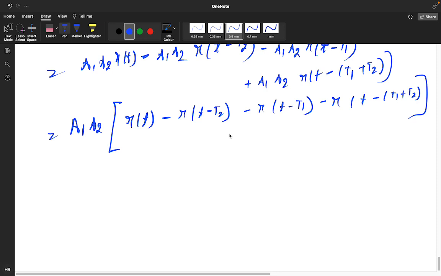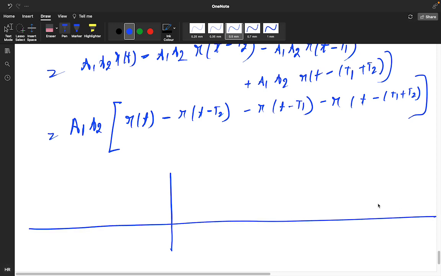So how will the graph look? It's very simple. The last term is plus. So r of t means our graph will start from here, with slope a1 a2, going up.